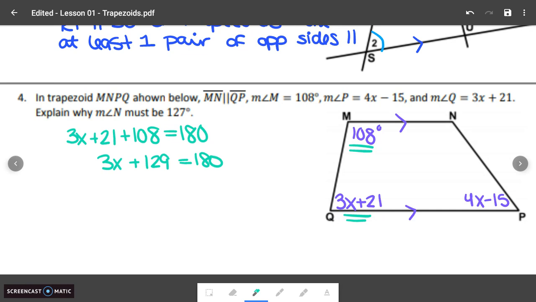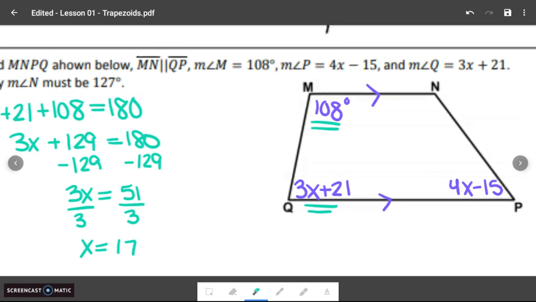When we combine like terms, 21 plus 108 is 129. And then we're going to subtract that 129 from both sides. So we'll get 3x equal to 51. And when we divide by 3, x is equal to 17.